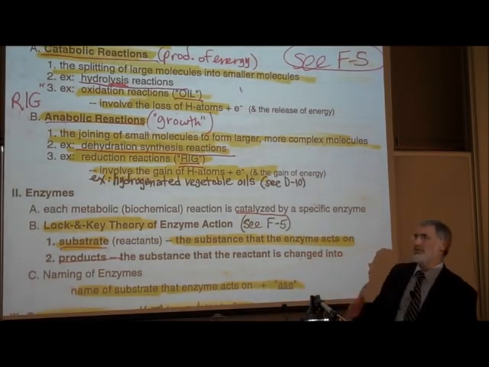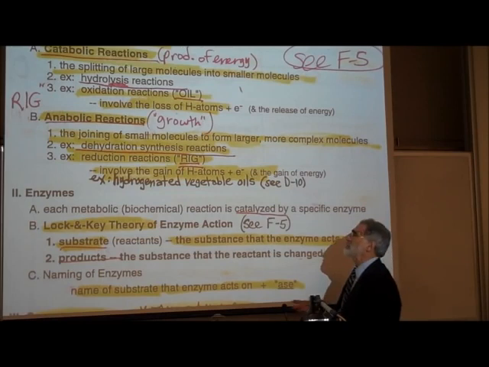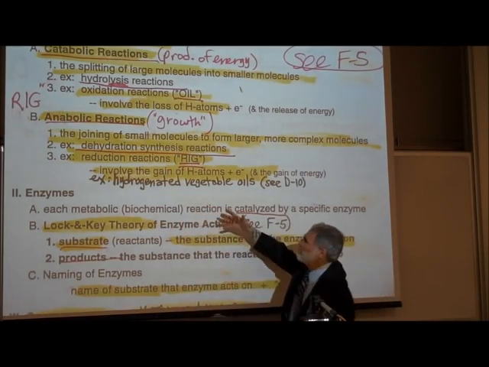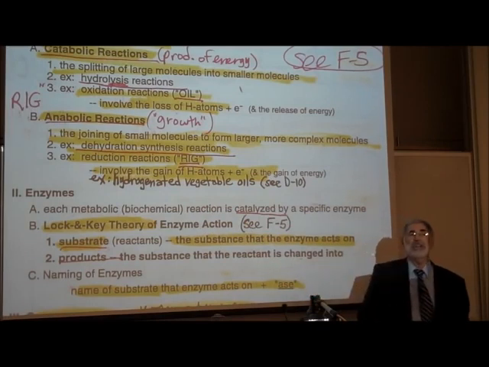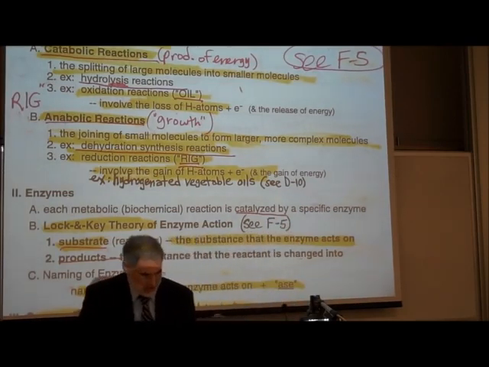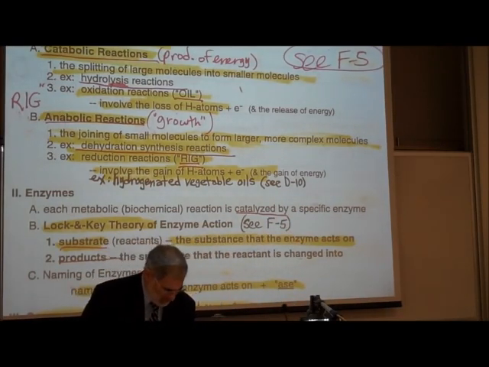The context where I alluded to this, without explicitly calling it a reduction reaction, was when we explained how hydrogenated vegetable oils are made. And so we did that back on page D10. So let's just remind you of that.